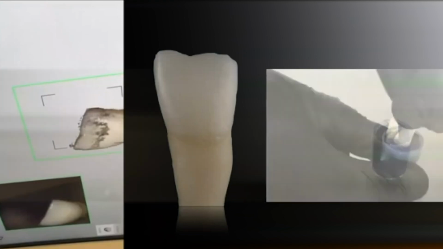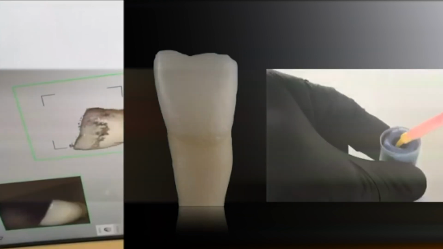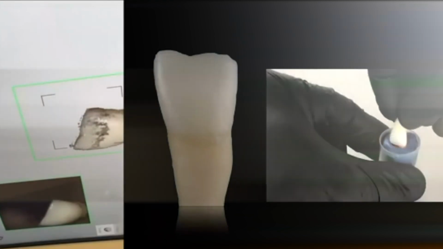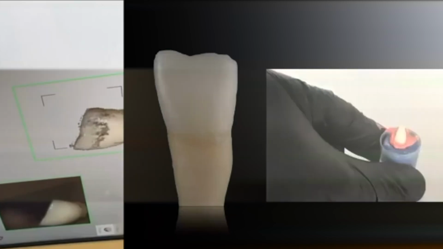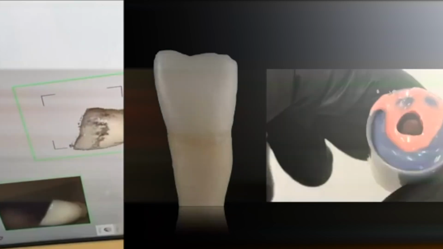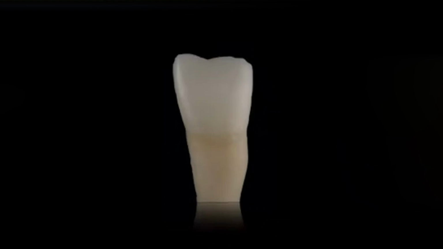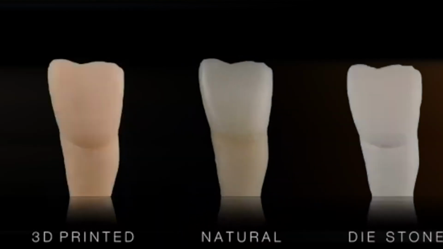We use 3Shape for the digital, we use Impregum for the conventional, in order to obtain 2 dies, one obviously in resin, 3D printed from the digital, and one in die stone from the conventional.